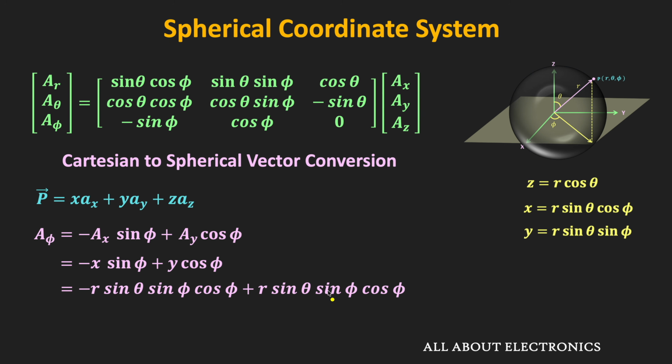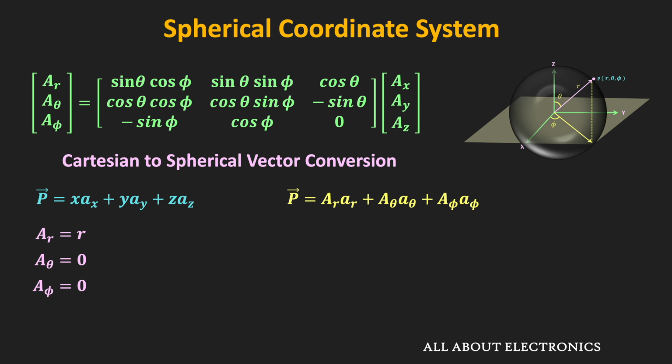If you see over here, these two terms will get cancelled out. So we can say that Aφ is also equal to 0. In this way, AR is equal to R, while Aθ and Aφ are equal to 0. That means the equivalent vector in the spherical coordinate system will be equal to R times aR.